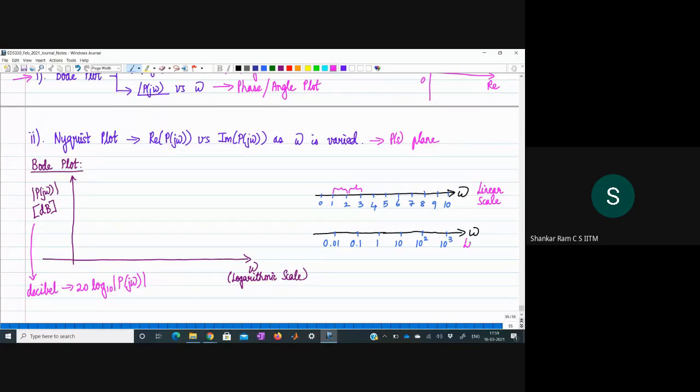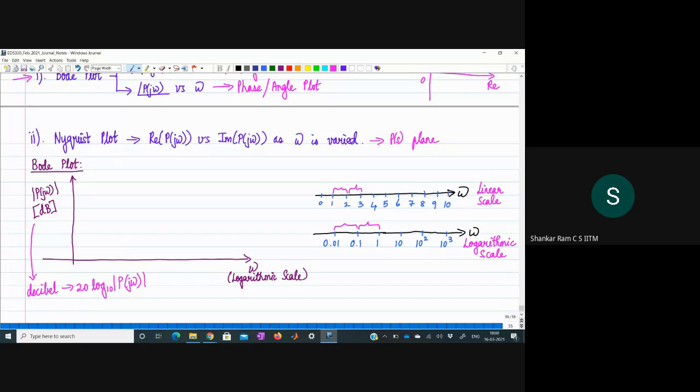If I divide the numbers associated with two consecutive markers, the ratio is going to be the same.